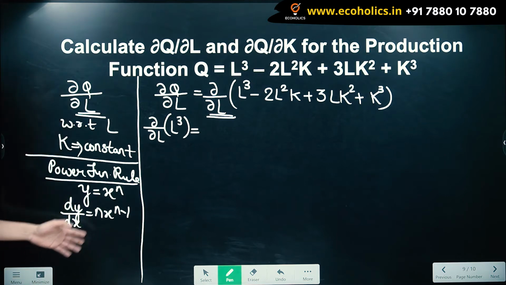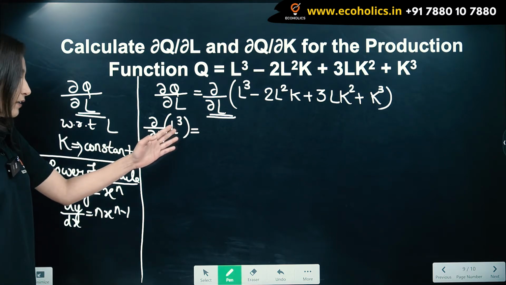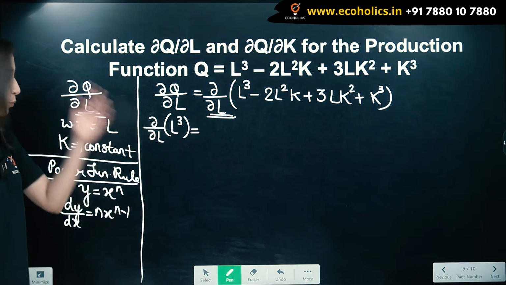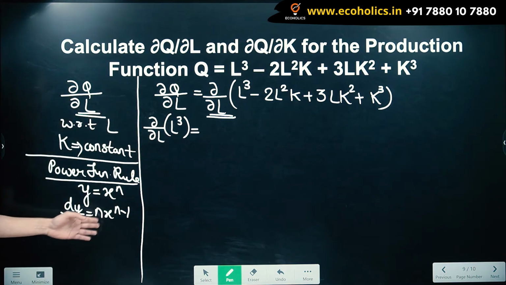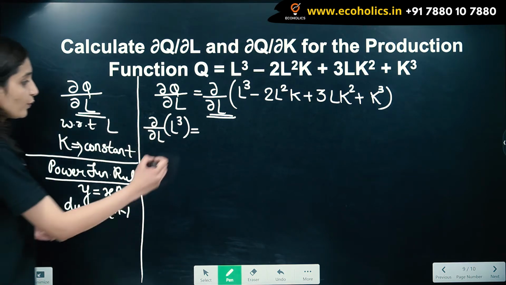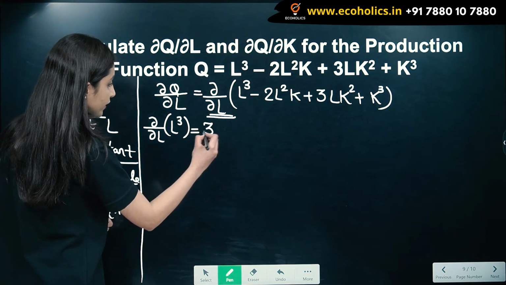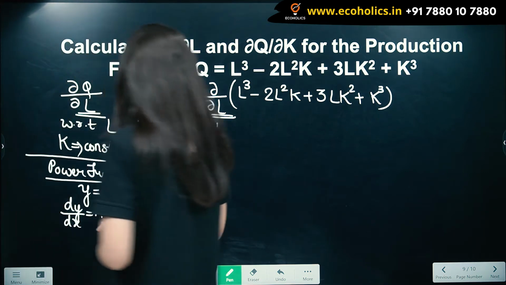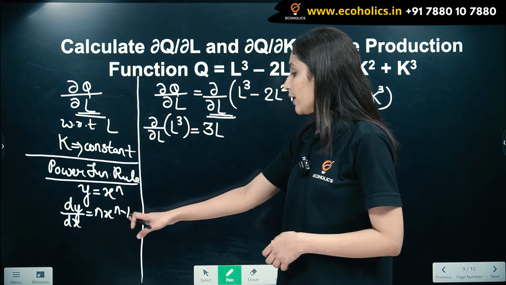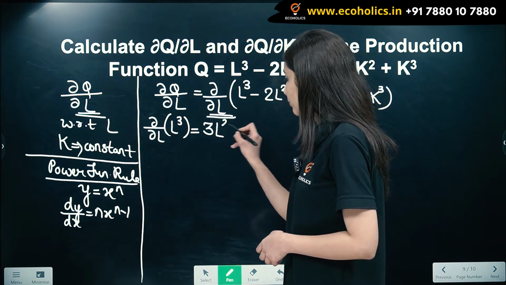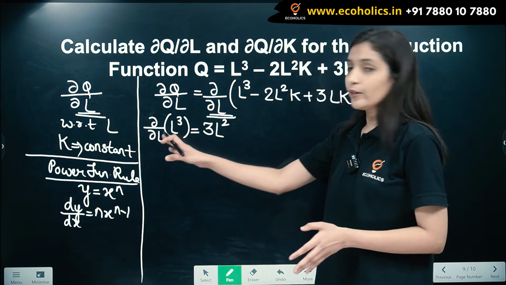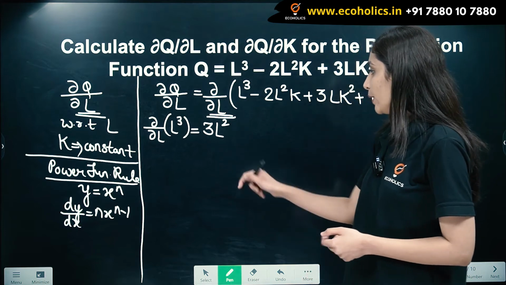Using this power function rule, let's find the derivative of L³. In this case we have n as 3, so we get 3L raised to 3 minus 1, which is 2. So the derivative of L³ is 3L².